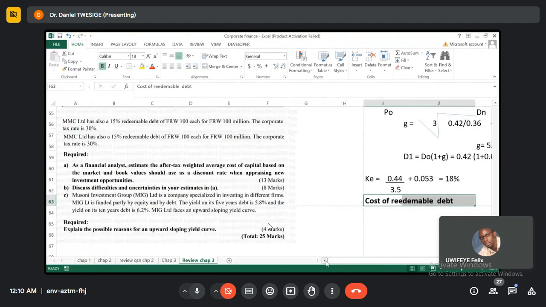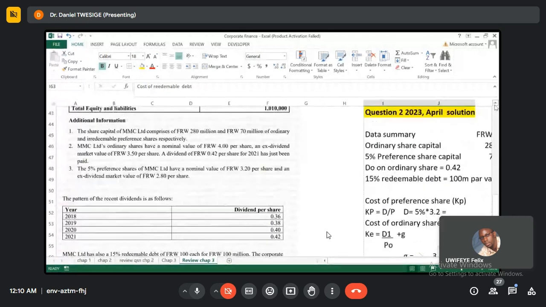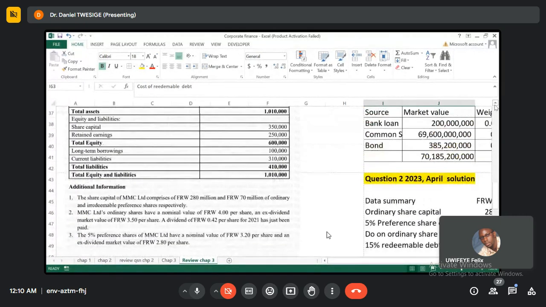The debt is redeemable and they are not giving us, okay, the tax is given 30%. This is the par value 100. Let me go back to the financial position. The current long-term borrowing is 100, so there's nothing. This is the par value of it. So there's no way you can compute the market price in that.